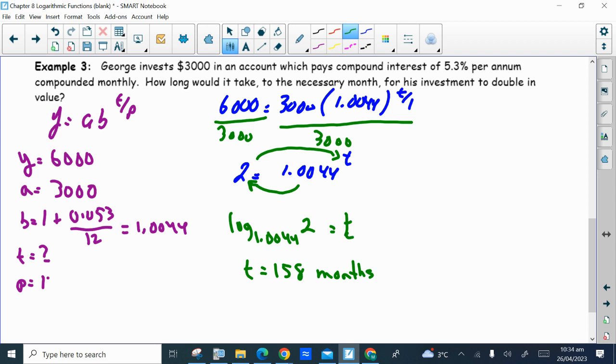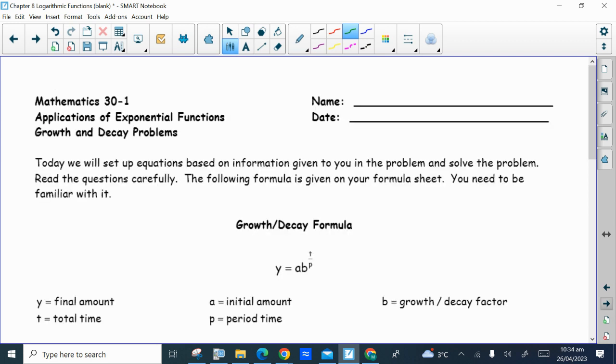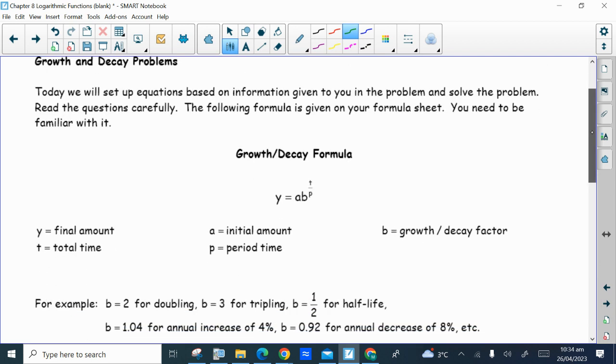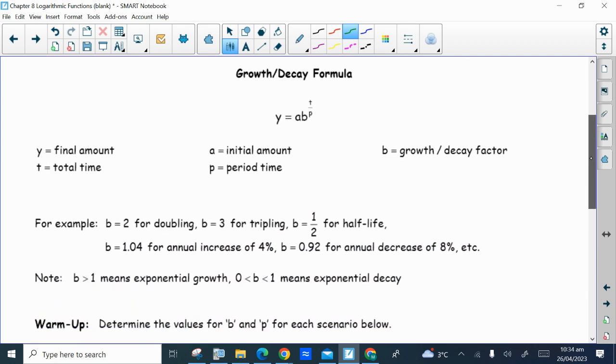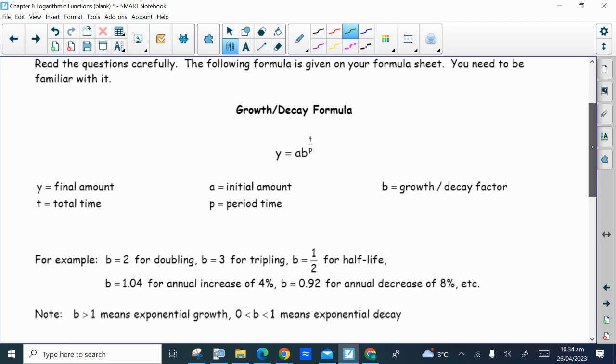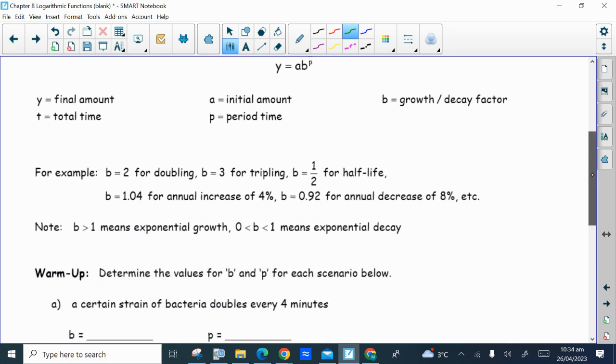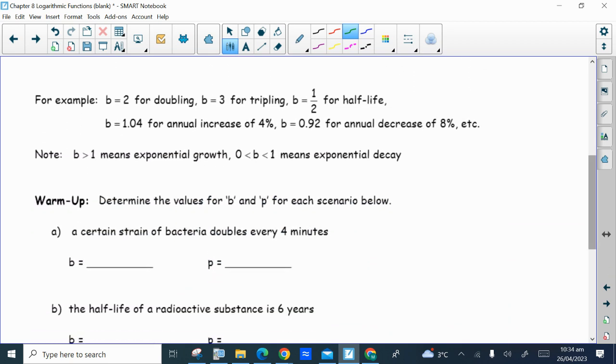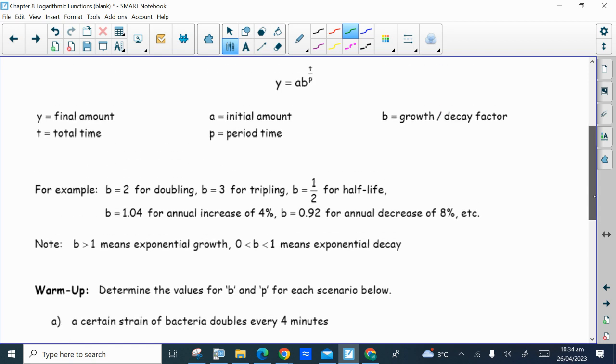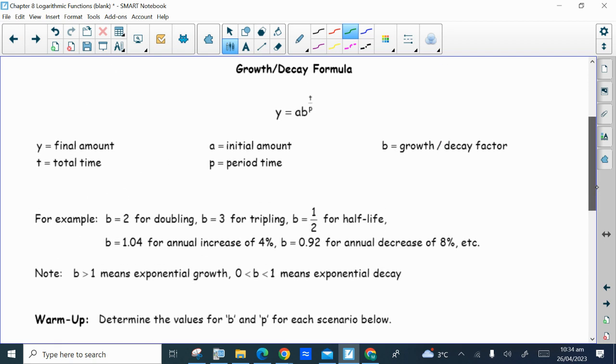So these examples all dealt with money. We've seen other examples where we're talking about growth and decay of, let's say, cells, or growth or decay of an object due to the half-life. So we've seen questions like that before. We're using the same formula.